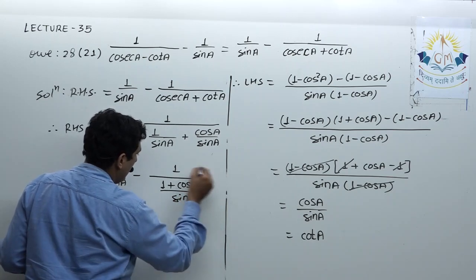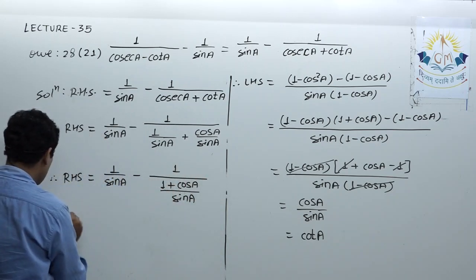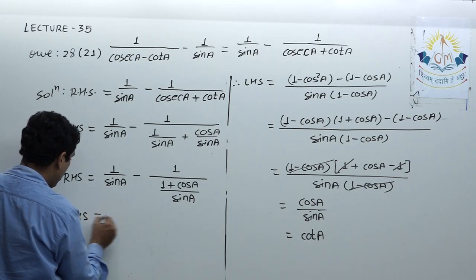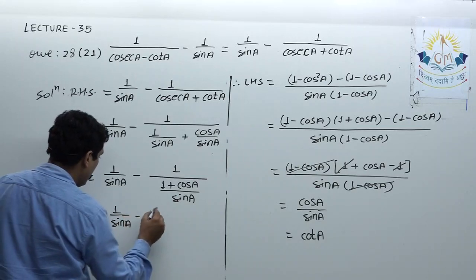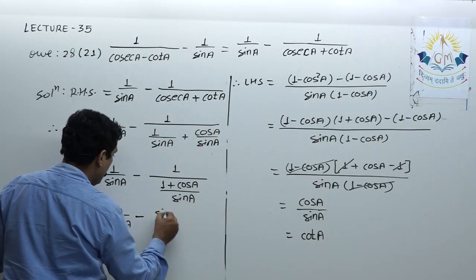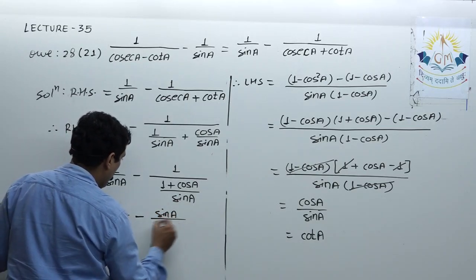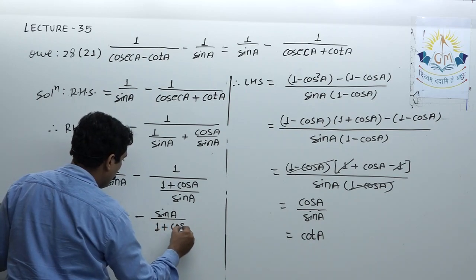Now this sin a comes in the numerator, so the next step will become 1 upon sine A minus sine A upon 1 plus cos A.